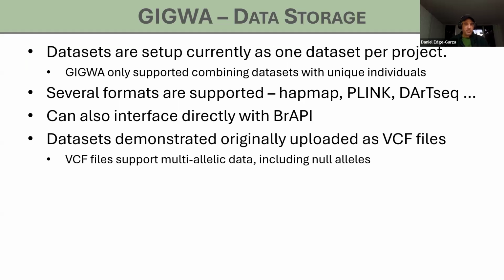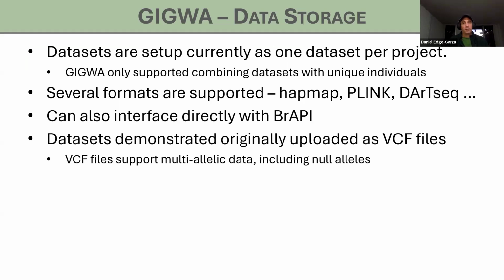Since that time, the developer has added a feature that allows us to upload information on the sample and connect each of those samples to the individual, which allows us a lot more flexibility with being able to upload additional data. So I will revisit these data sets and add to them, further refining them for the database. But as of right now, you can still access them publicly on GIGWA as a single data set per database, connected with information to its publications.